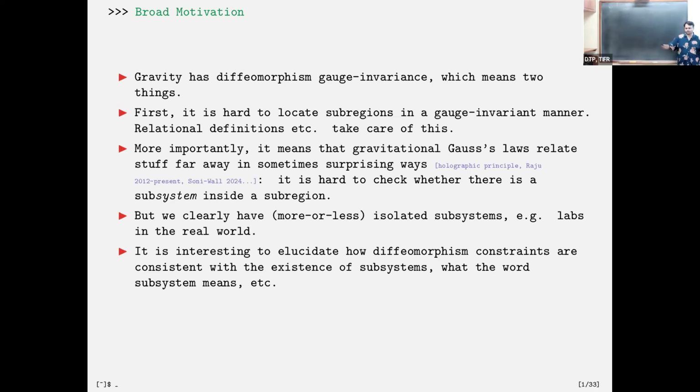I can't just use coordinate location, I have to define it relationally. If I define this room relative to the sea, which is outside this room, and someone messes with the gravitational field between the sea and this room, then the location of my subregion changes relative to the room, relative to this chair. So there are a lot of subtleties in gravitational dressing.